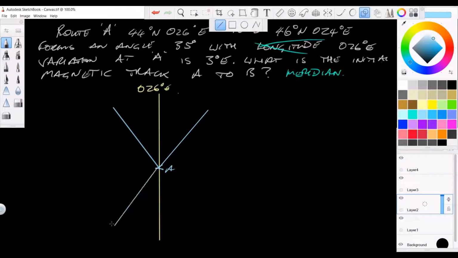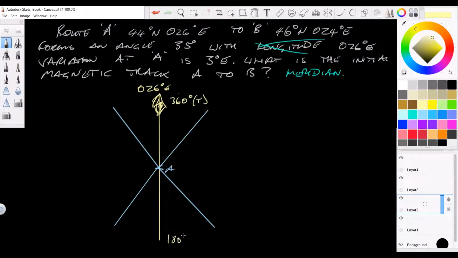Or it could be down here at 35 degrees to the meridian. So basically what we've got along the meridian is a bearing of true north this way, which is 360 degrees true, and a bearing of true south, which is 180 degrees true, this way.